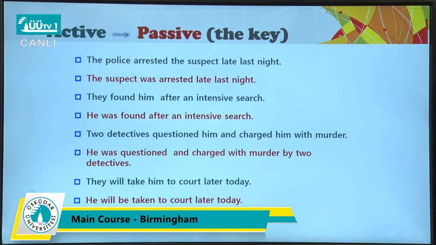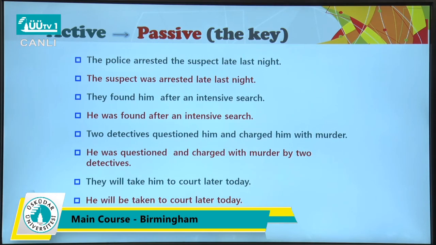Arrested is the past form of arrest. And also you can see your adverb of time, which is last night. So it is the past tense. The to be form of past tenses in passive voice is was and were, plus past participle, right? The suspect was arrested late last night.